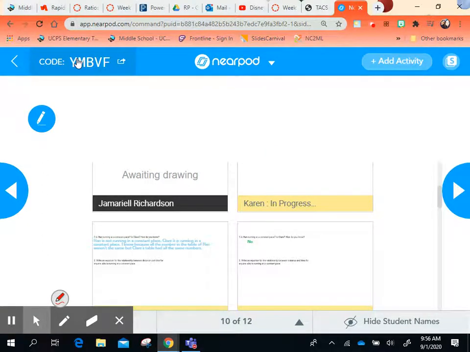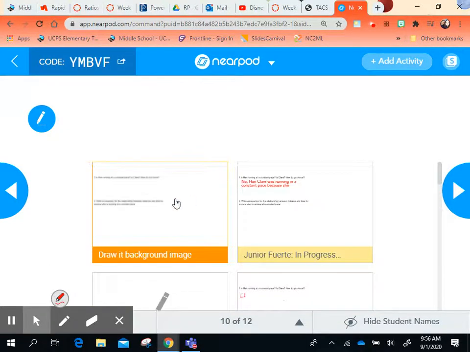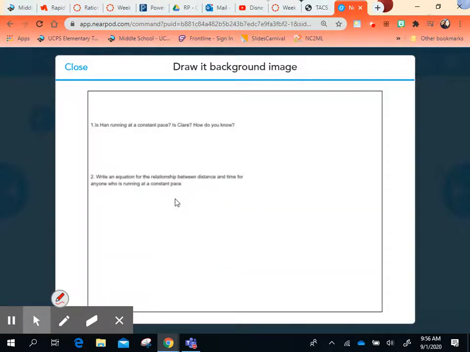Oh, I was like, is someone talking to me? Okay, so then the second question says, write an equation for the relationship between the distance and time for anyone who's running at a constant pace. So we know that Claire was running at a constant pace. So we want to write an equation for Claire's table. What was Claire's unit rate?